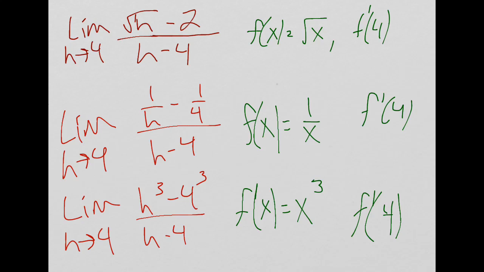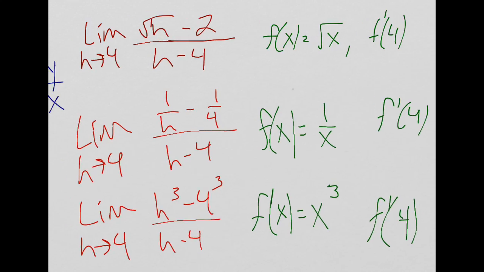Alright, so that's it for this video. Hopefully I got to this point in class, and for the next video you're going to look at the derivatives of functions at any given point. So here we're talking about a specific point, x equal to 4. Now I don't really care about f prime of 4, or f prime of 8, or f prime of 20.